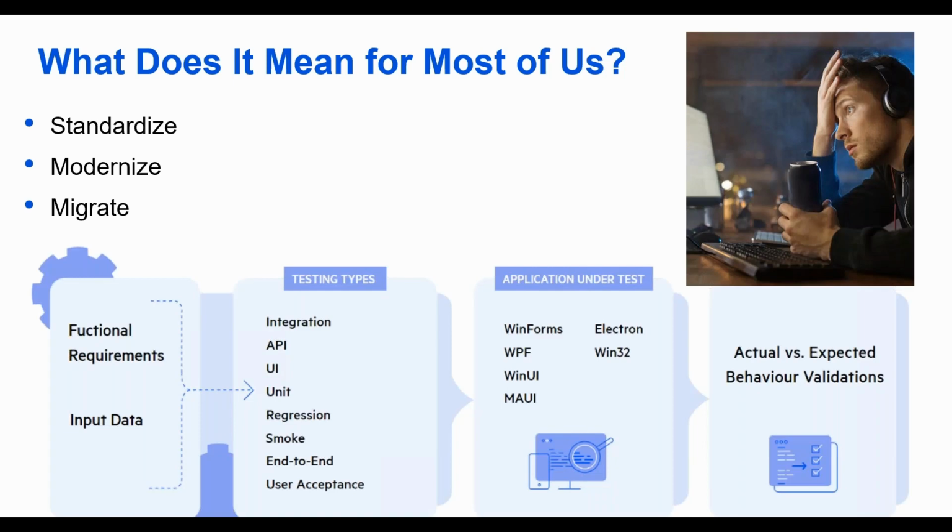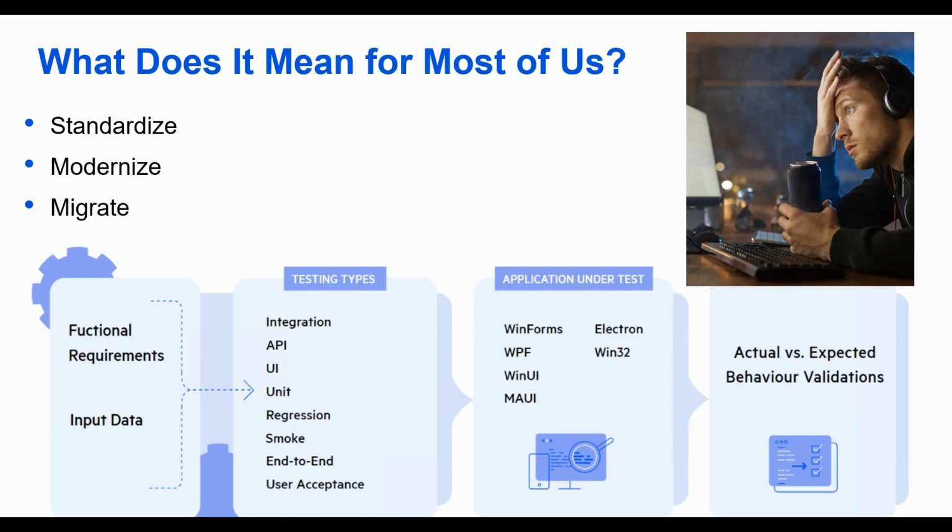So what does it mean for most of us or all of us? It means that we would indeed have some headaches, right? If we want to make sure that we standardize, modernize, and migrate those applications, be it from the older desktop technologies to the new ones, or from the desktop technologies to the latest web ones.